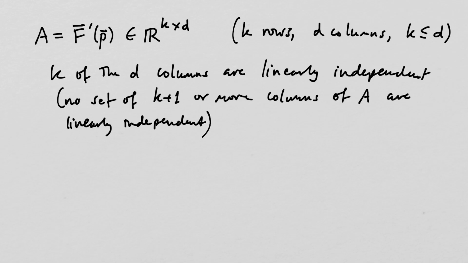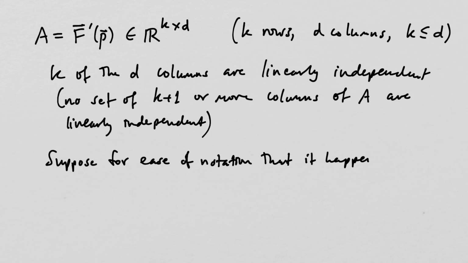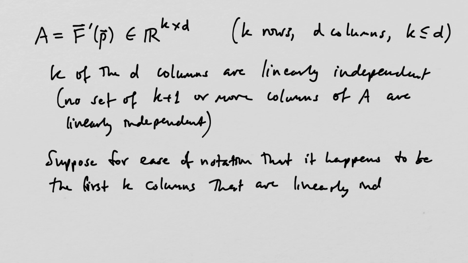So I'm going to suppose, just for simplicity's sake, for ease of notation, that it happens to be the first k columns that are linearly independent. Okay?